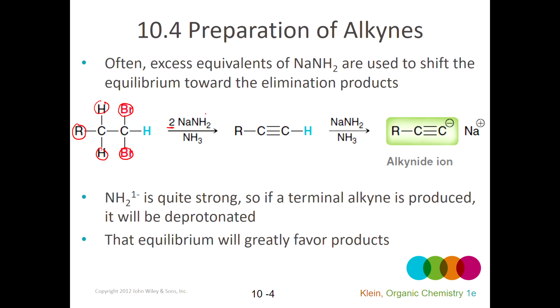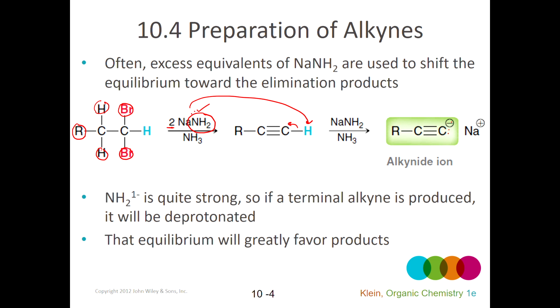If I do use a base as strong as this one, as soon as the alkyne is formed, any remaining NH2 minus will act as the base and deprotonate it. So that's why I get this negative charge.